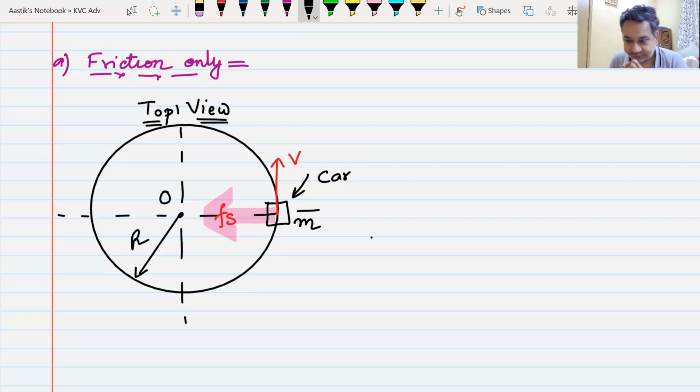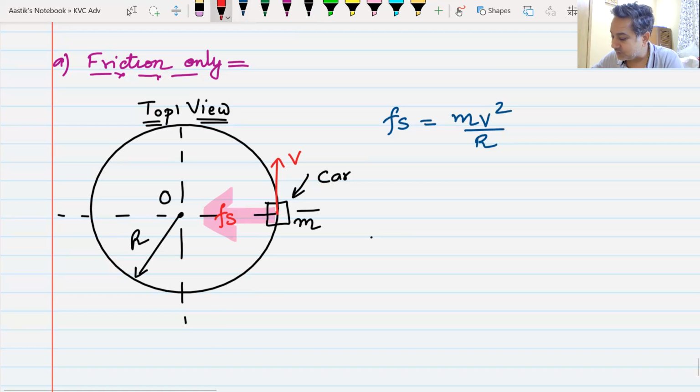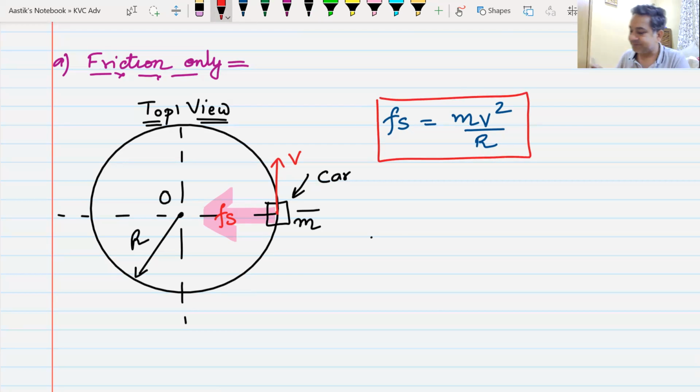Fs is equal to mv square by r, sir. Chalo. The first equation is centripetal force must be coming from your static friction. What is the next equation? This was the equation that was made in the centripetal direction.